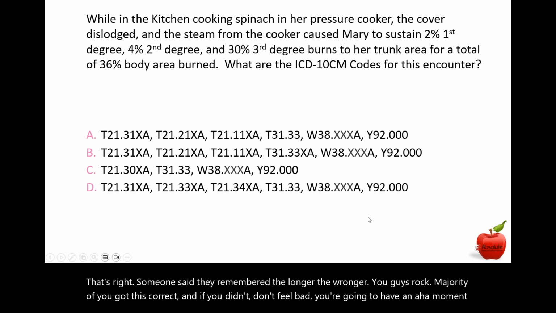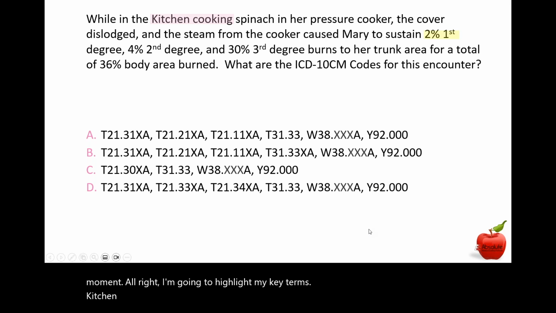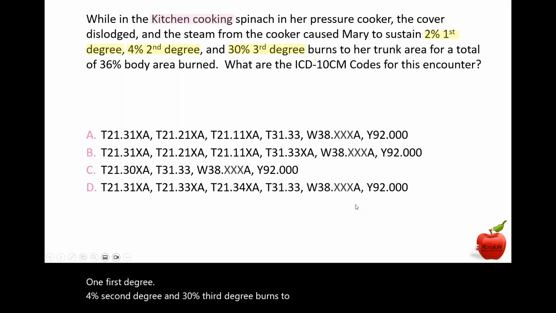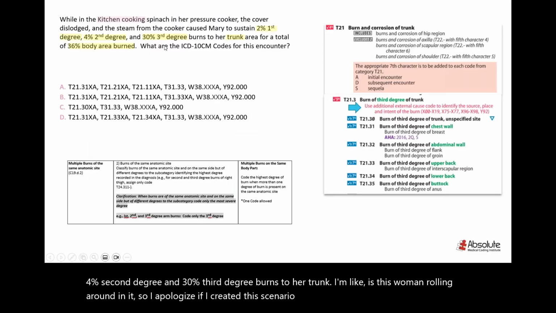All right, I'm going to highlight my key terms. Kitchen cooking. She had a 2% first degree, 4% second degree, and 30% third degree burns to her trunk. I'm like, is this woman rolling around in it? I apologize if I created this scenario, because it's not realistic.